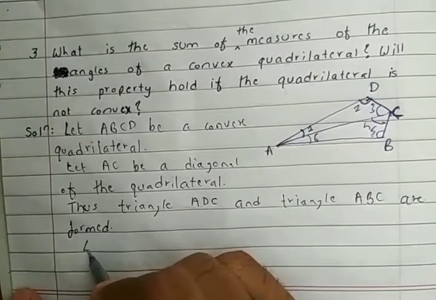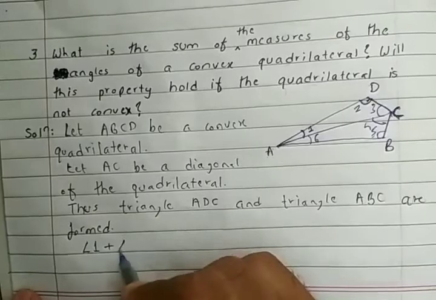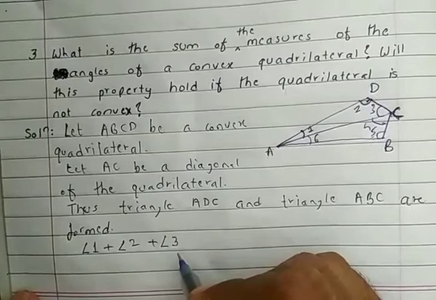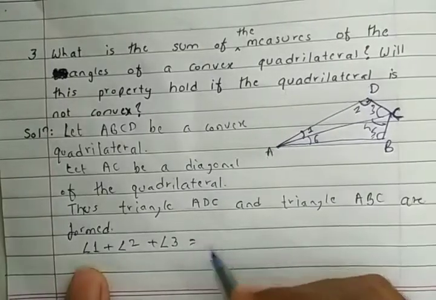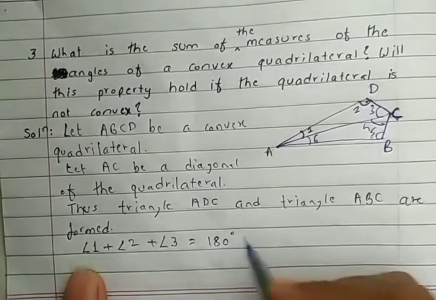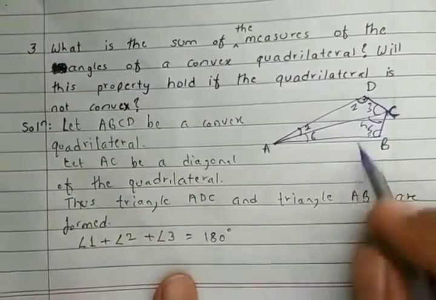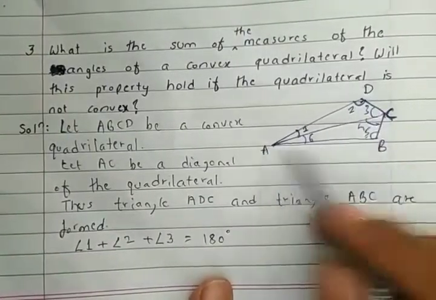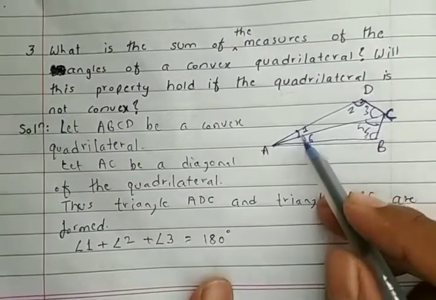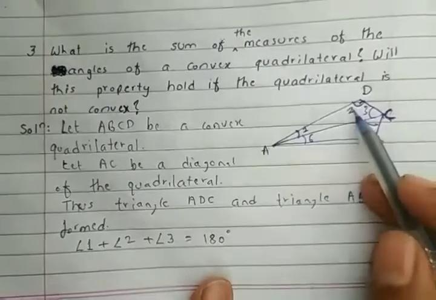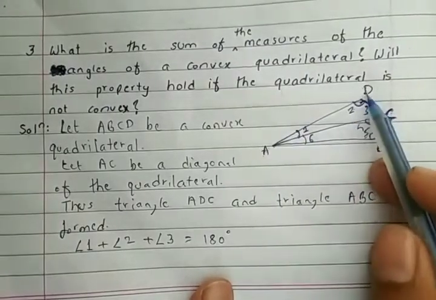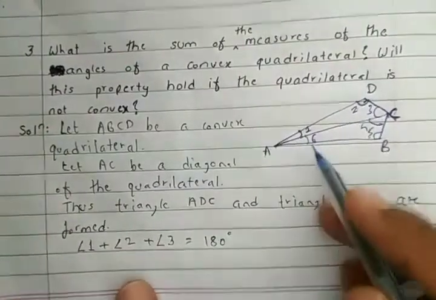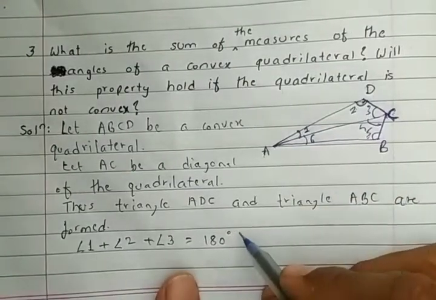Now angle 1 plus angle 2 plus angle 3 is equal to 180 degrees. How can we say that about angle 1, angle 2 and angle 3? Angle DAC is angle 1, then angle ADC is angle 2. We have named them. Angle DCA, you have named that as 3. So if you add all these 3, that total is 180 degrees.